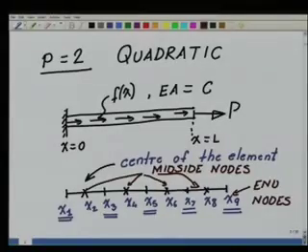Now what do we do next? Over this point set that we have created, we are going to use it to create our basis functions, which are quadratic in nature.